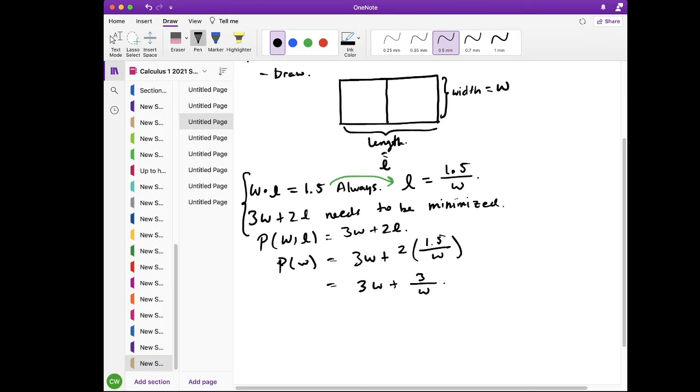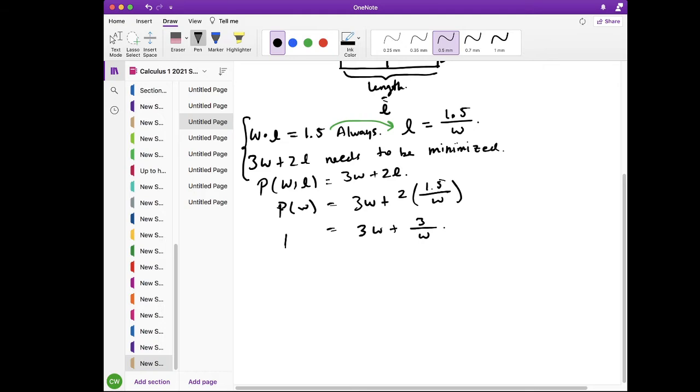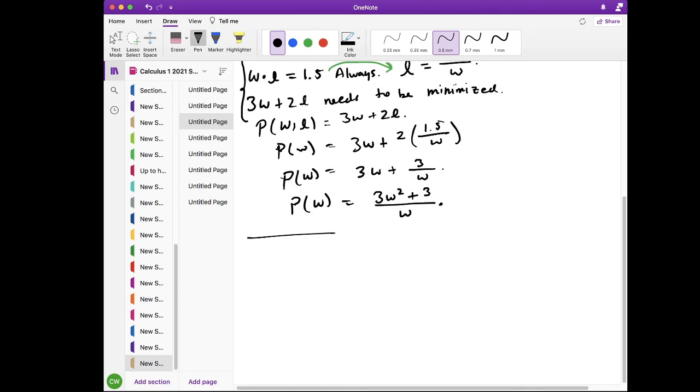Any questions on this step? All right, it might be good to combine fractions first. So we have 3W squared plus 3, divided by W. Okay, let's find the derivative, right? That's what we're here for. We're trying to minimize this.